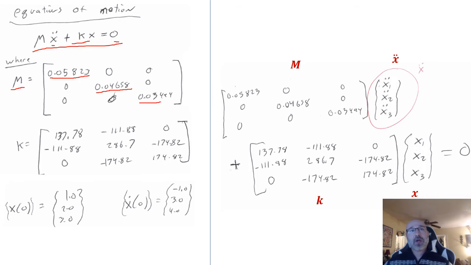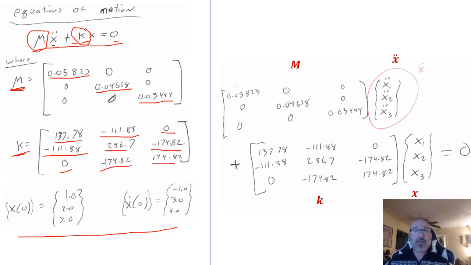And we have our stiffness matrix K here: 137.78, negative 111.88, 0, negative 111.88, 286.7, negative 174.82, 0, negative 174.82, and 174.82. Since we've calculated our M matrix and our K matrix before, we can plug them into our equation of motion: our M matrix times x double dot plus our K matrix times our x values is equal to 0.